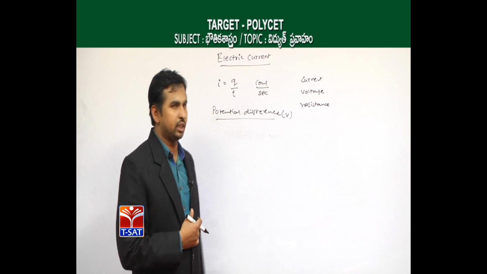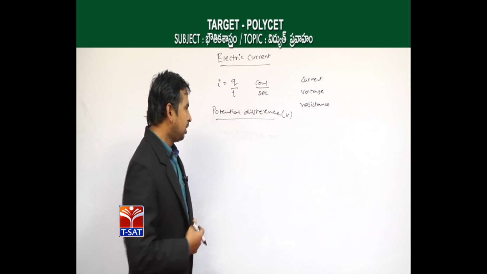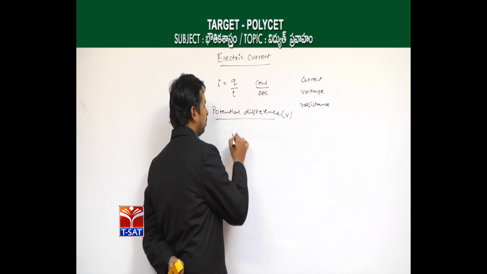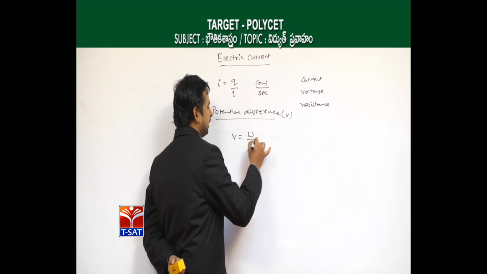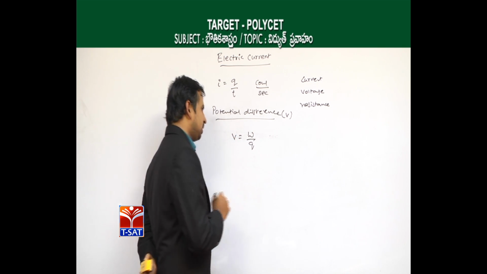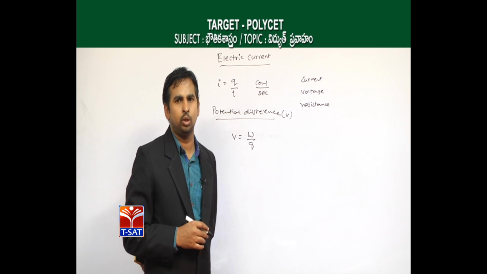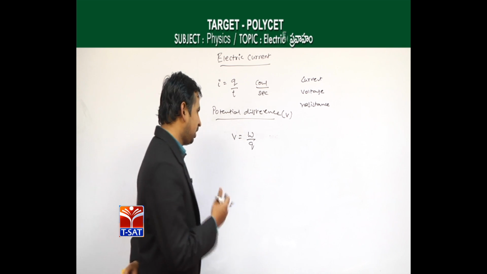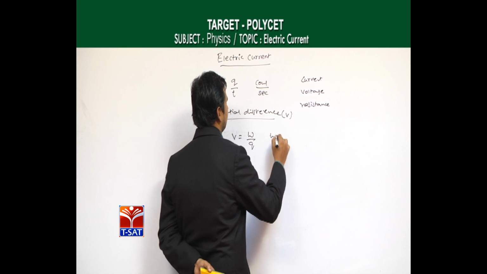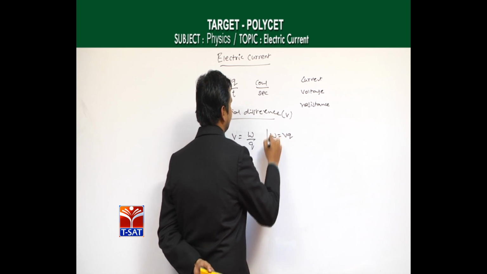That we call V. V is equal to W by Q. From this you can also write W is equal to VQ.